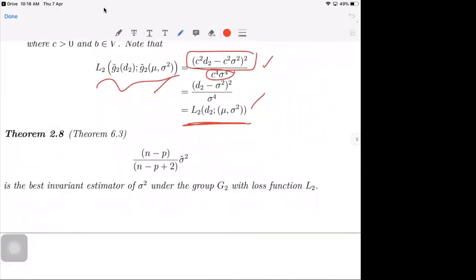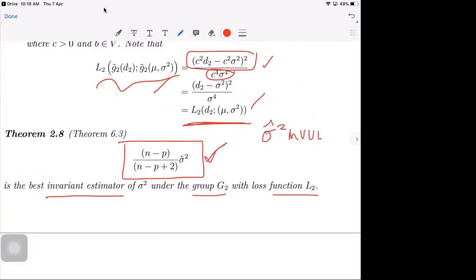And for our estimator in terms of variance, the best invariant estimator under group G2 with loss function L1 will be this one. So if you recall, sigma hat squared is the MVUE for sigma squared. And is it also the MLE, no? No. The MLE is (N minus P) sigma hat squared over N. This is the MLE for sigma squared.